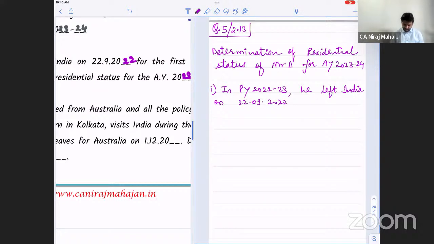Correct? Therefore, his stay in India is from what to what date? First April 22 to 22nd September 22. Give me the number of days.